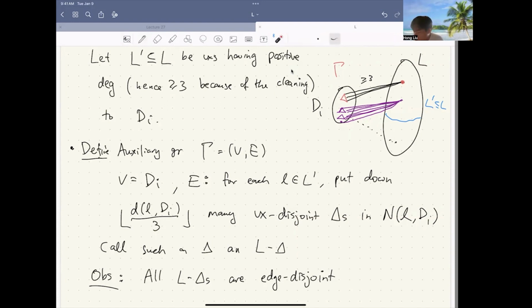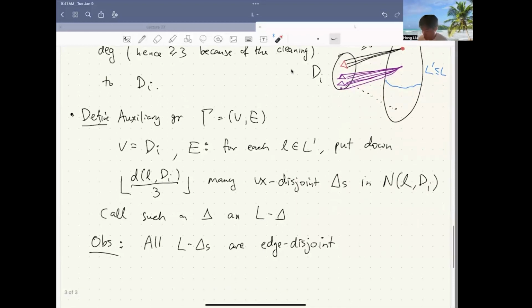What does it mean to have 2 triangles sharing an edge? That would mean this triangle is in the neighborhood of a vertex, and this triangle is in the neighborhood of a different vertex. So you have two vertices on the right sharing two vertices on the left as neighbors, which is a C4. But remember, incidence graphs of points and lines in the plane have no C4. That's the proof.